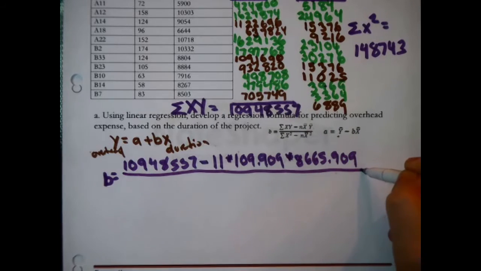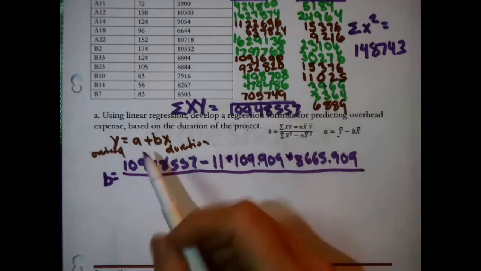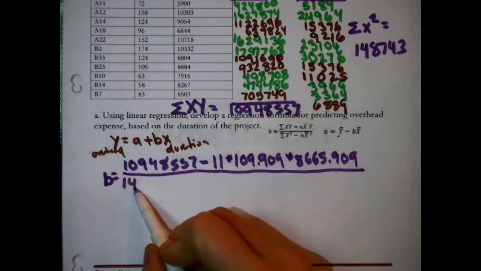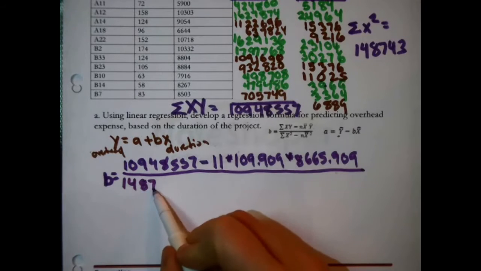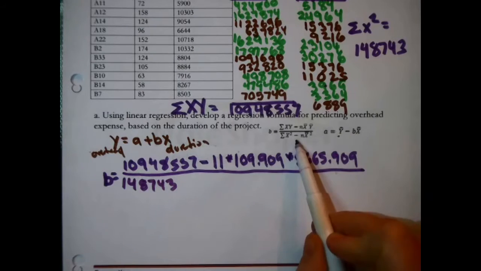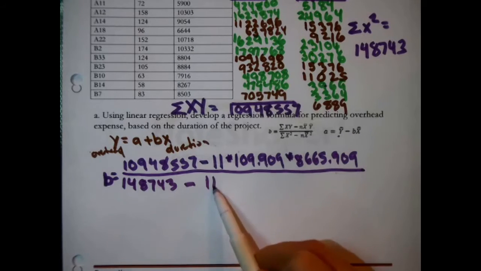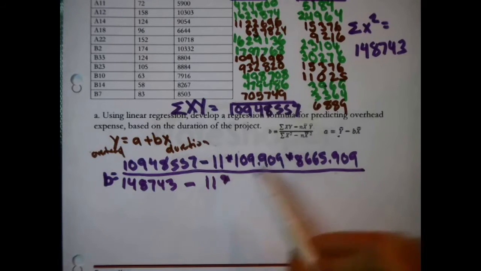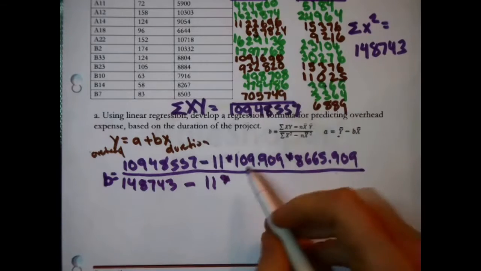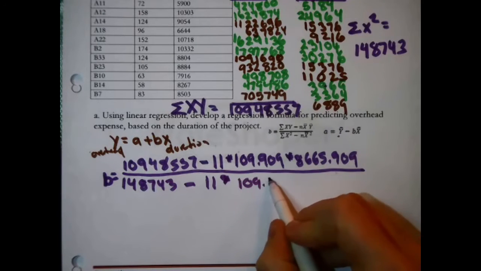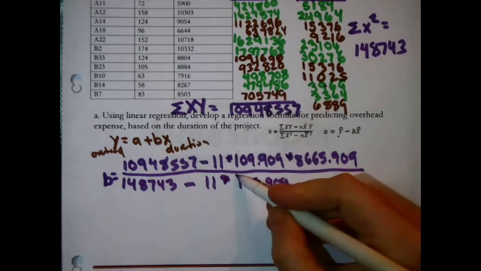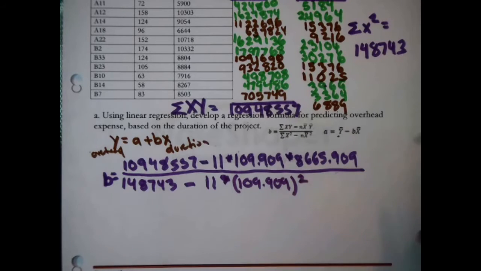In the denominator, the sum of x squared, what we just found, 148,743 minus 11, that's n, times the average x. Now that's 109.909, except be careful, square it.